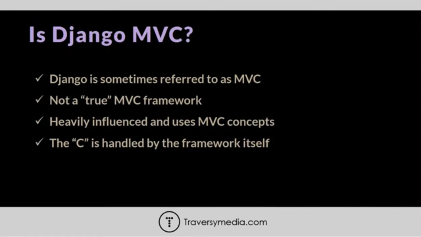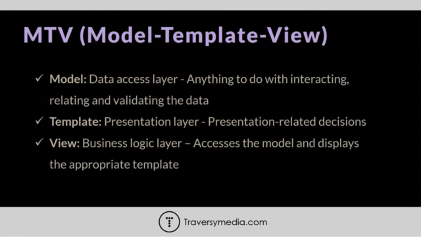Well, Django is sometimes referred to as an MVC framework, and that's not completely wrong. It is heavily influenced by MVC, and it does use many MVC concepts. However, the C, or the controller, is mostly handled by the framework itself, and it works a little different. So it's put into the MTV, or Model Template View pattern.